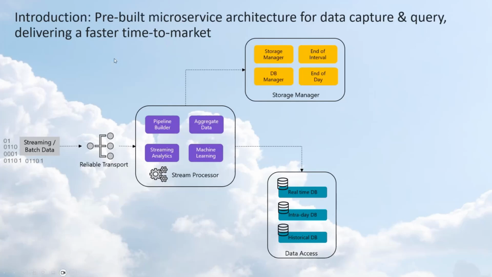The first is the storage manager. The storage manager is essentially what looks after the write down of data into the server. So let's say every 10 minutes, it's going to move data from the RDB location into the intraday. At the end of every day, it's going to move it into the historical database. And then at a configurable point in time, it's going to start moving data from those fast storage devices into the slower form of storage, or the archive.